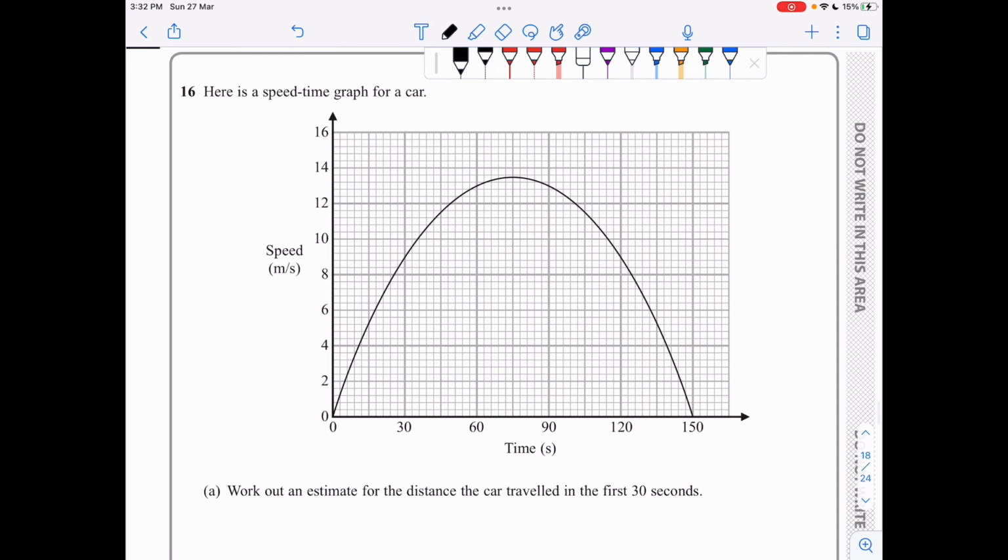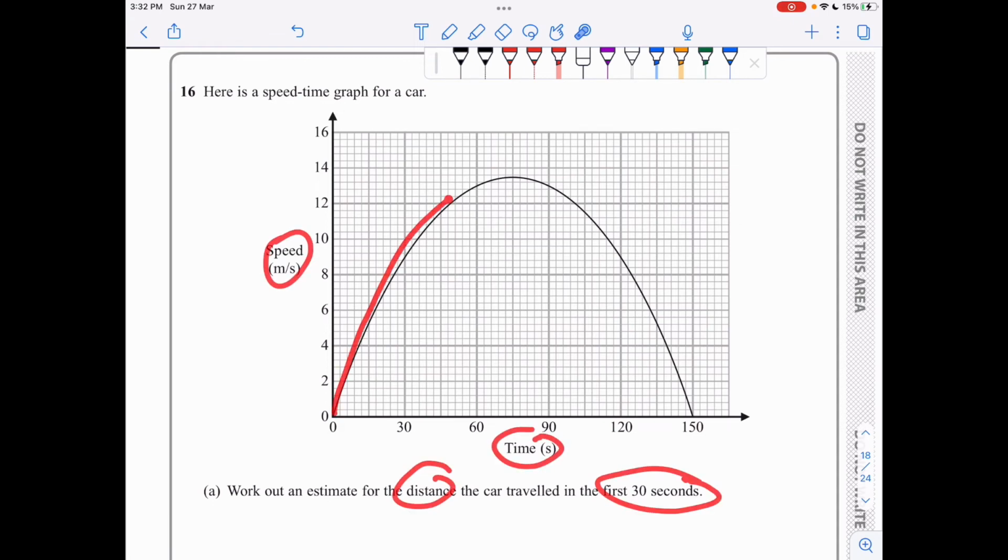In question 16, we're being given the speed time graph for a car, and we need to work out an estimate for the distance we've traveled in the first 30 seconds. Now, we know that in a speed time graph, it's the area under the graph that gives me the distance.